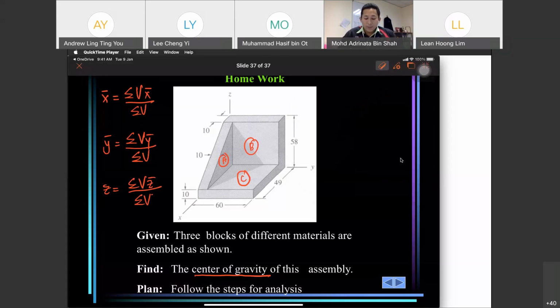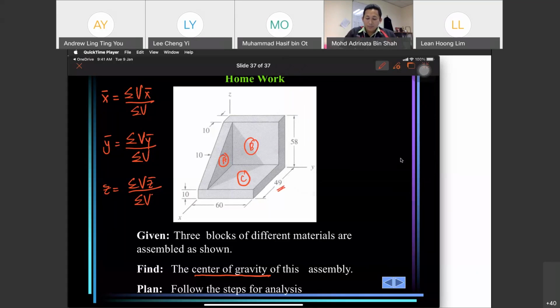Okay, so we have A, B, and C. So calculate. Sebab yang ini kena perhatikan, the trick in this question is how you use this one actually.